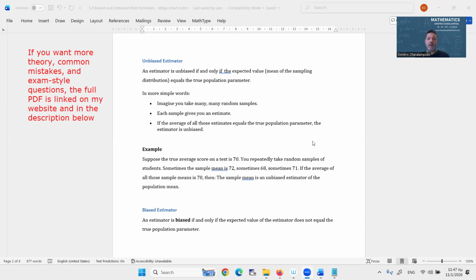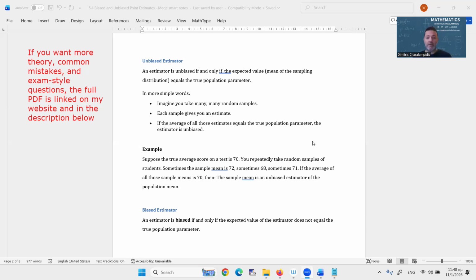Let's try to understand that through an example. Suppose that the true average score on a test is 70. We repeatedly take random samples of students. Sometimes the sample mean might be 72, sometimes 68, sometimes 71.